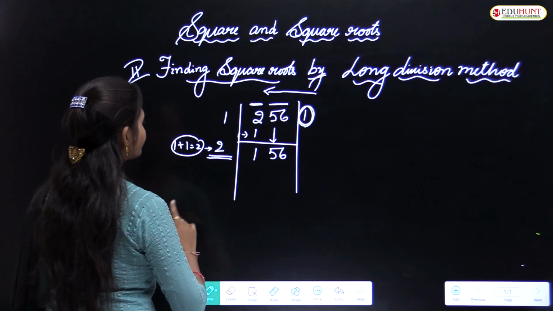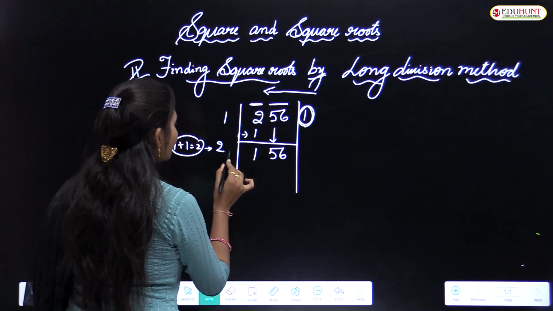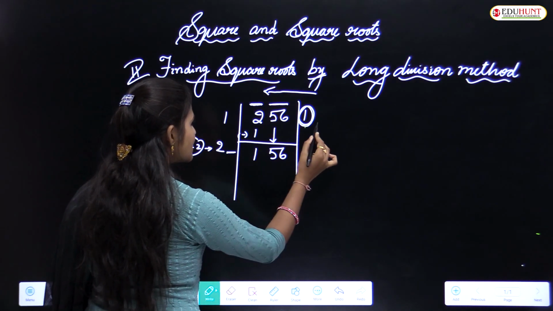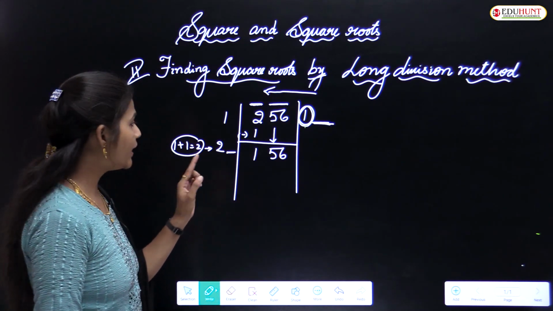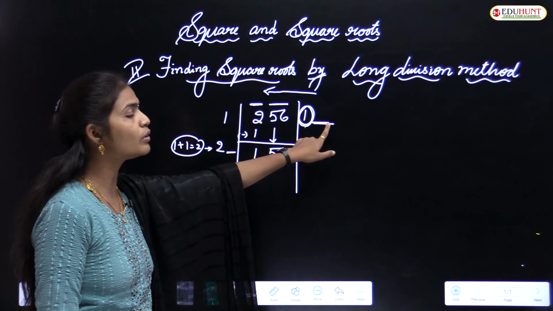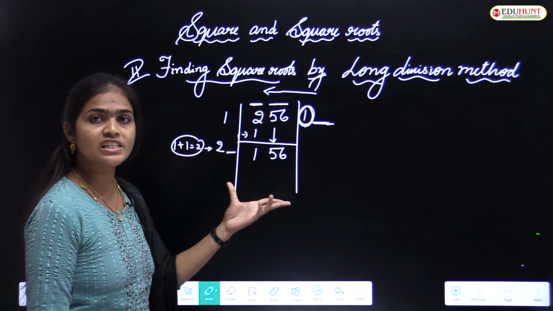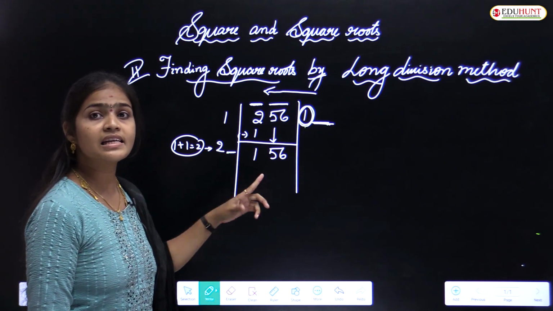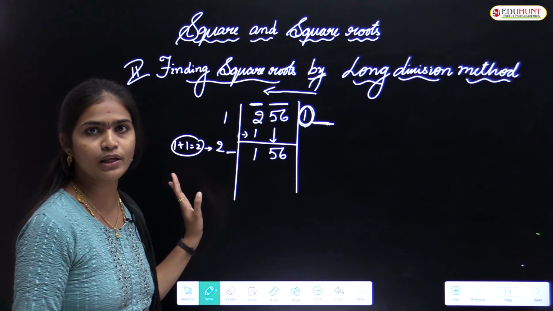Next, here this is 2. Whichever number we write here, the same number should be placed here. That is the third point. Whichever number you write here, you have to write the same number here. After that you have to take the product. So which number can exist here? Here you have to use the properties we discussed in square roots.